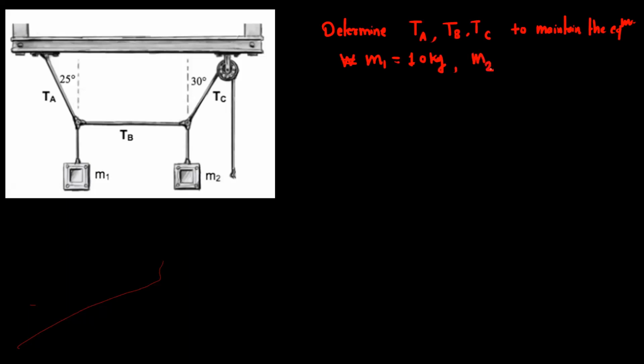So the question is: determine tension A, tension B, and tension C to maintain the equilibrium. This is a problem on the equilibrium of connected bodies, where M1 is 10 kg and M2 is 15 kg.